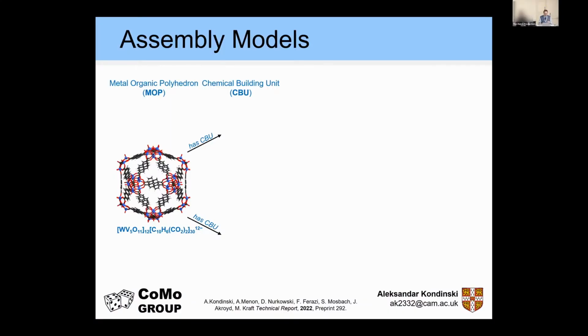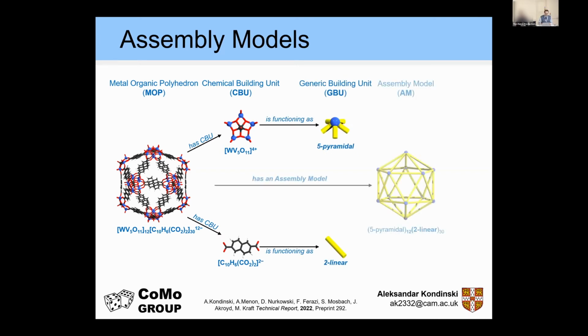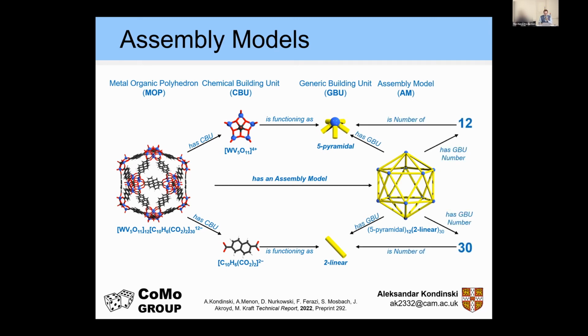So we have a MOP, and instead of a secondary building unit, we now look at two different things: chemical building units, CBUs. These CBUs function as generic building units. The MOP at the same time has an assembly model, and this is the abstract representation, or the blueprint, of that MOP. The assembly model has generic building units. At the same time, the assembly model has a generic building unit number, which is the number of the generic building units.